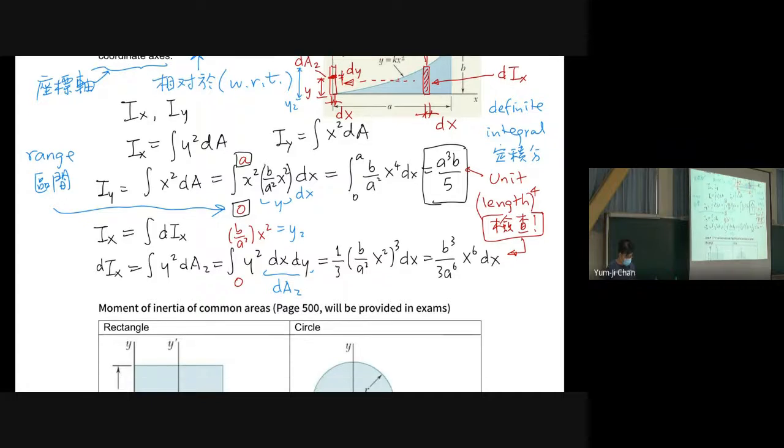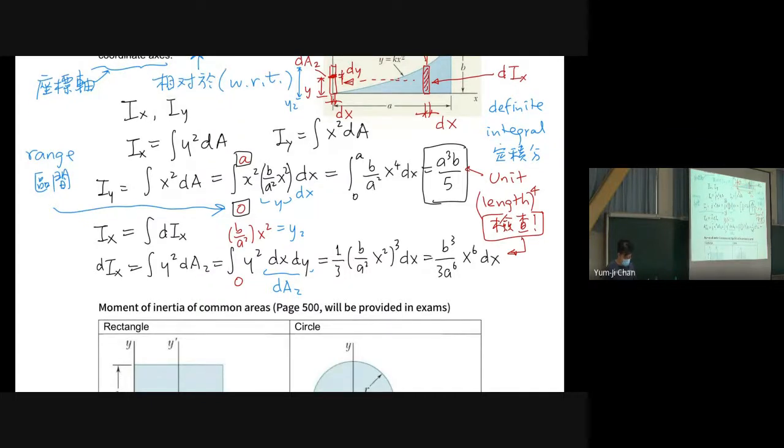Now, for the last step, we calculate Ix. Ix is equal to the integral of dIx. So it is equal to b cubed over b. Oh, sorry.